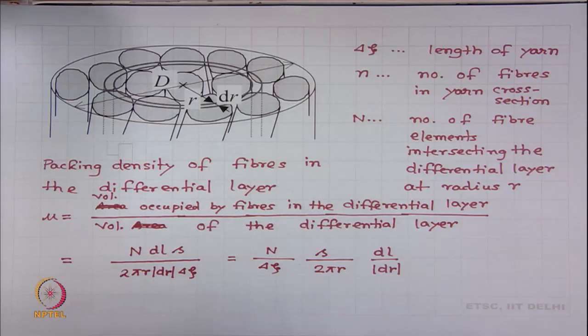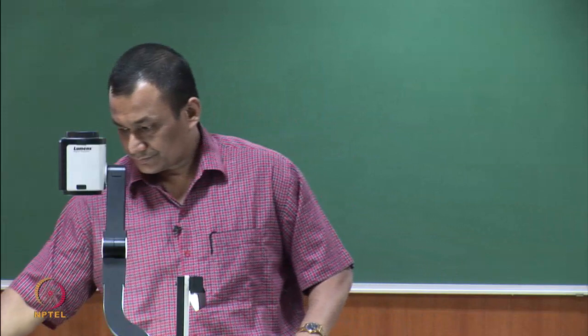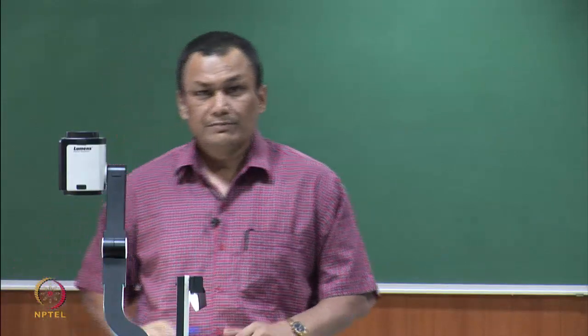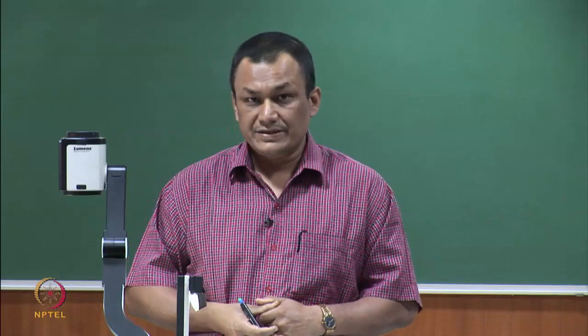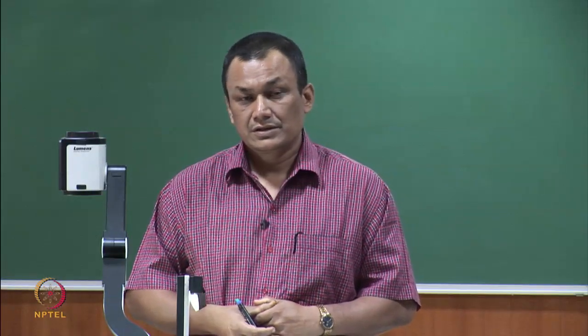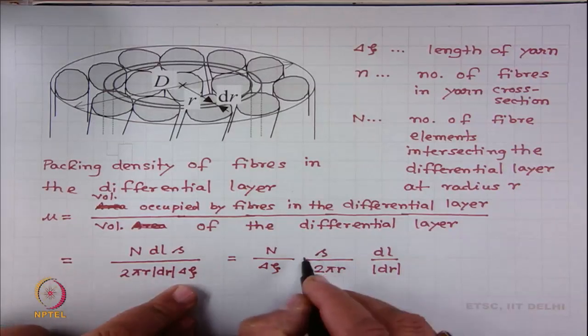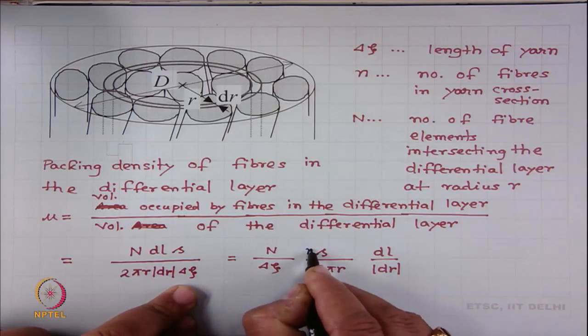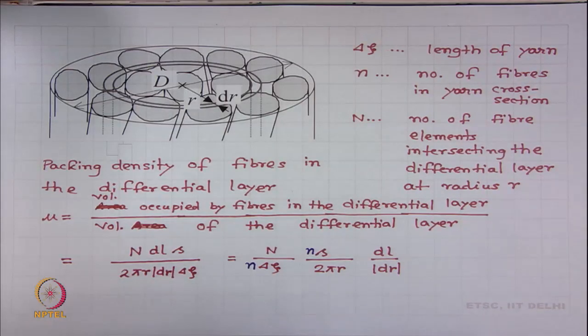Now, we multiply and divide by small n. What is small n?